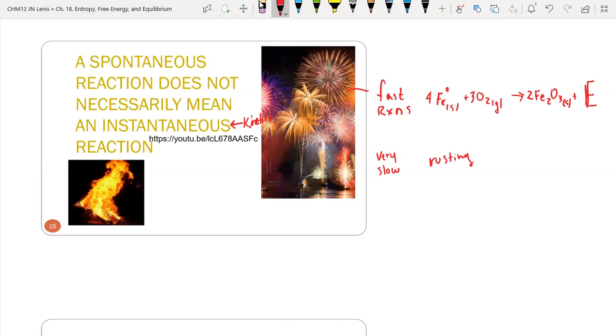However, the same reaction, if you put a big chunk piece of iron, or you leave your bicycle outside under the weather, and the oxygen is the oxygen in the air at room temperature, this reaction goes really, really slow. But still it is spontaneous. You don't have to do anything for the reaction to go. The reaction will go all the way for oxidation.